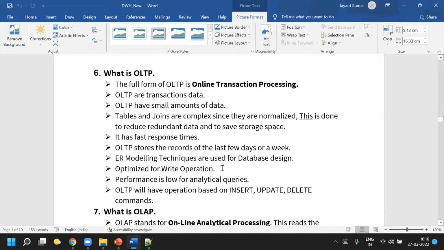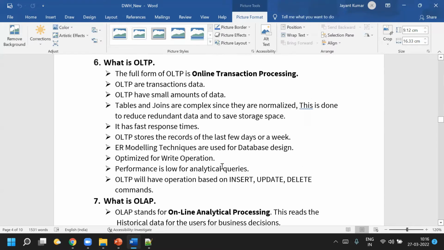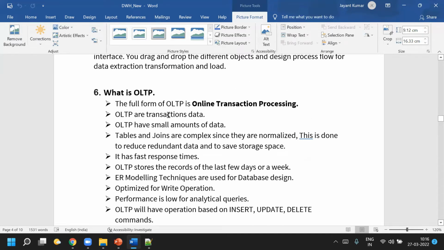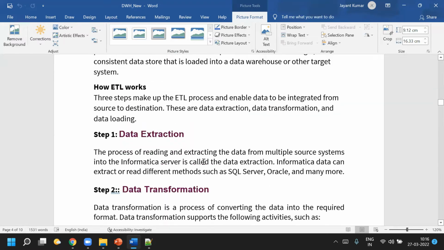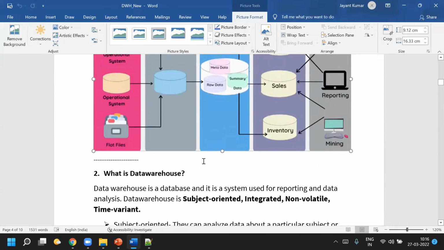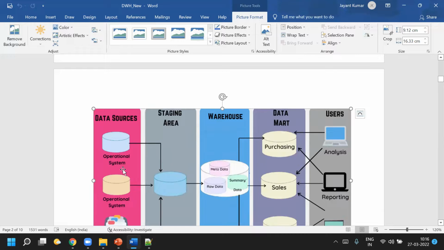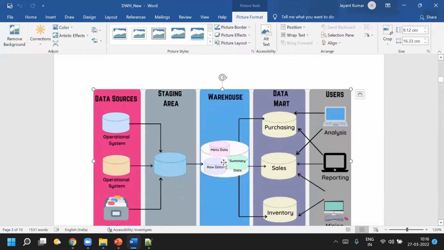Then we discussed what is OLTP and OLAP. OLTP is nothing but transaction processing. In the source part, I have mentioned that the transactions will be involved in the data source; this is called OLTP. And OLAP is nothing but analytical processing, where you will have the proper history data.